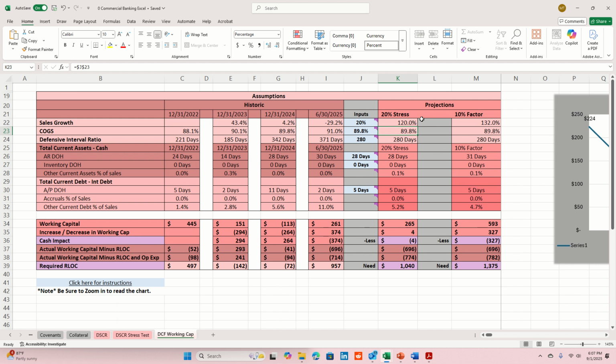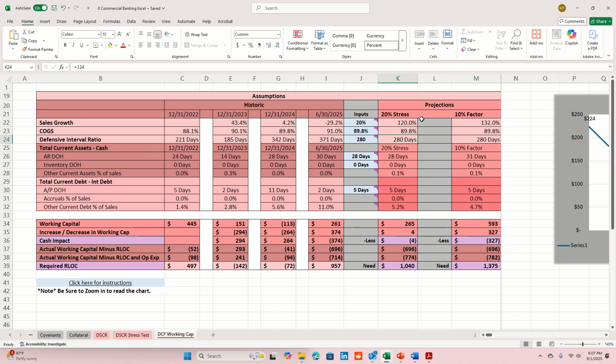Every dollar we make, we're spending 89 cents. We're not spending 88.1 cents. We're not spending 89.7 cents. We're spending 89.8 cents on every single dollar. And that is conservative. That's assuming that we're only going to profit 11 cents.